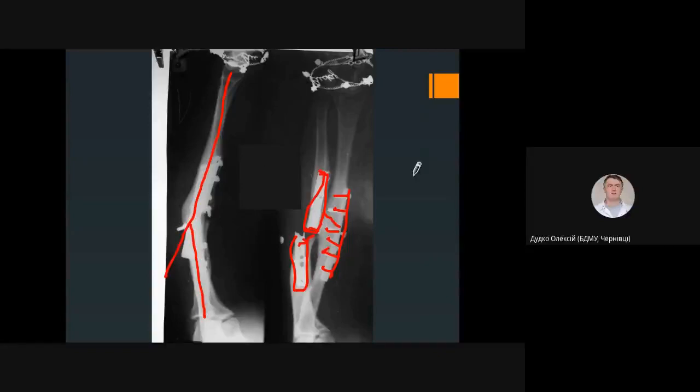Okay, so now if we talk about the diagnosis, we will say that we have a repeated fracture of the ulnar bone at the junction of the proximal and middle third, and a healing fracture of the radius bone after internal fixation with plates and screws, and after a repeated injury.